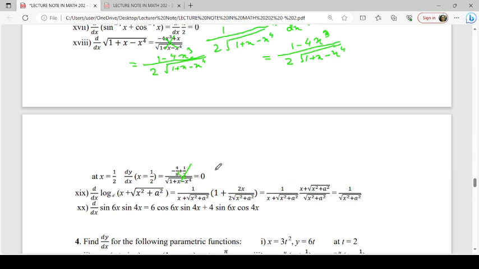So this is equal to 1 minus 4 into 1 by 8, then 2 root over 1 plus half minus 1 by 16.